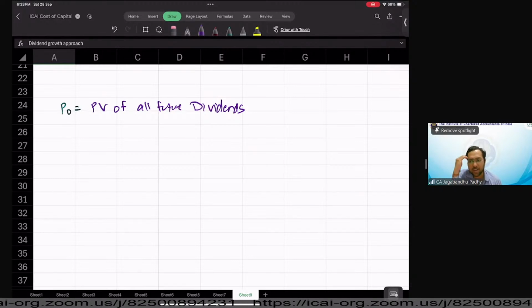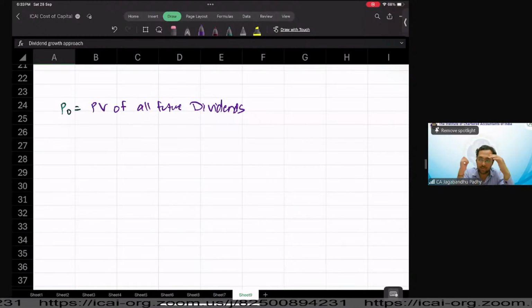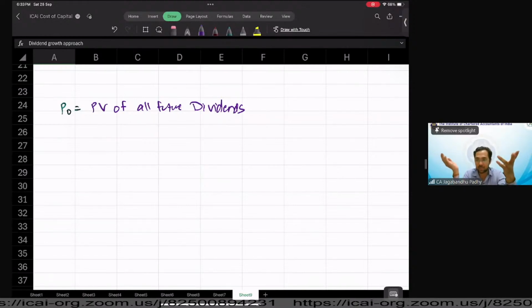You are now spending your Saturday evening over here with me, learning this chapter of cost of capital. Aren't you expecting any benefit coming to you in future? Instead of spending time with your loved ones, we are expecting obviously some future benefits.